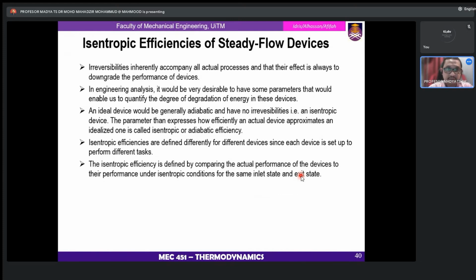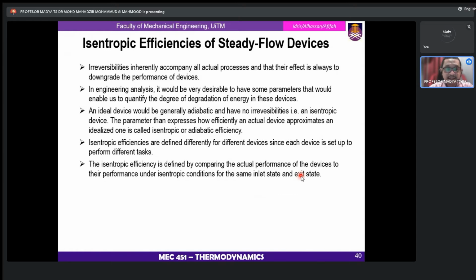That is the reason the performance of devices will be downgraded because of these irreversibilities. In engineering analysis, it would be very desirable to have some parameters that would enable us to quantify the degree of degradation of energy in these devices.